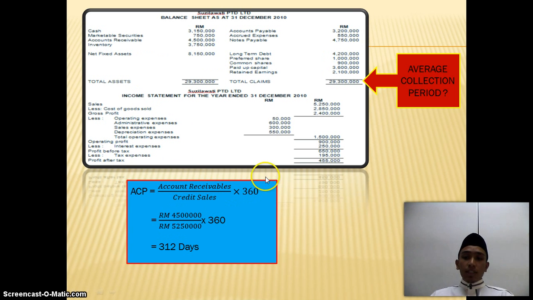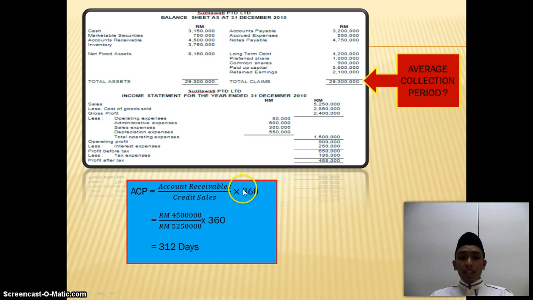Okay, next is the average collection period. The formula for the average collection period is accounts receivable over credit sales times 360. This 360 depends on the question. If the question does not give any number for this, you must use 360.